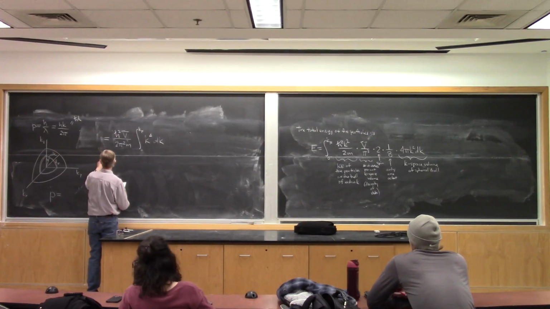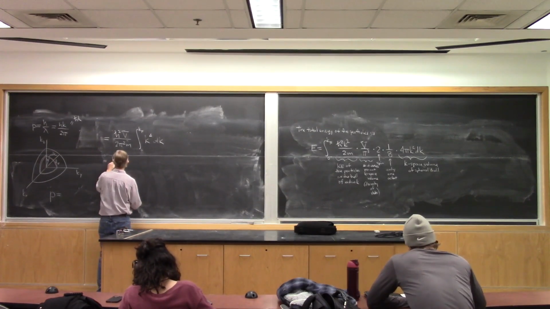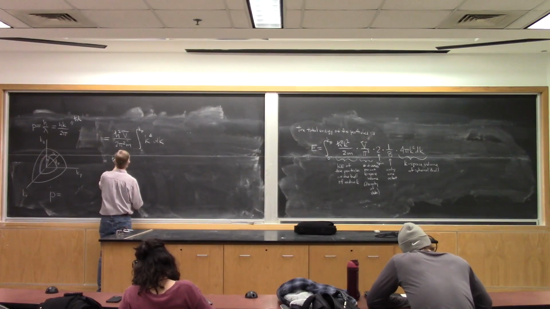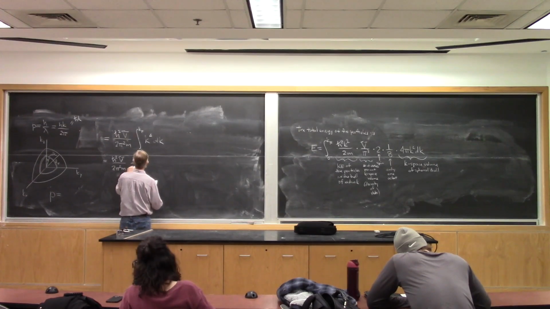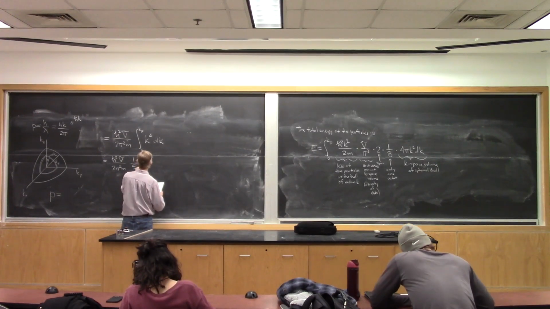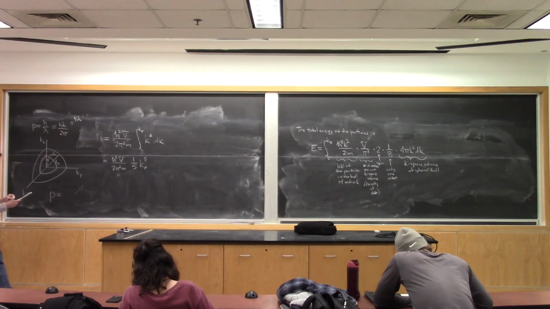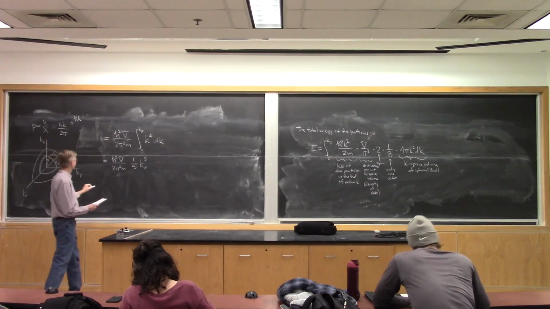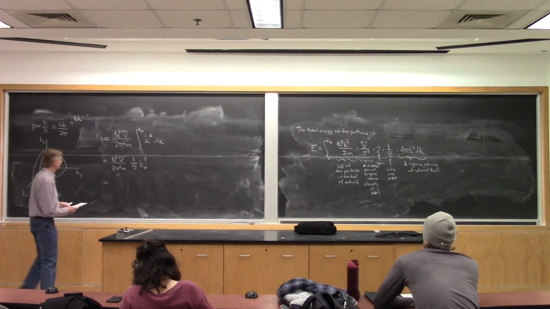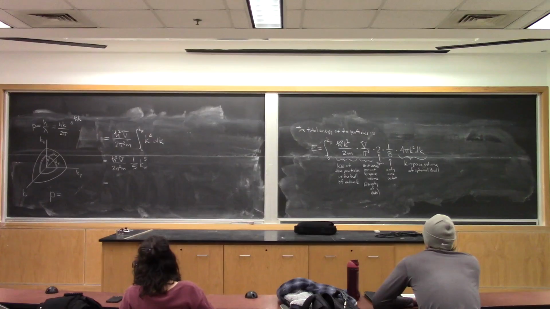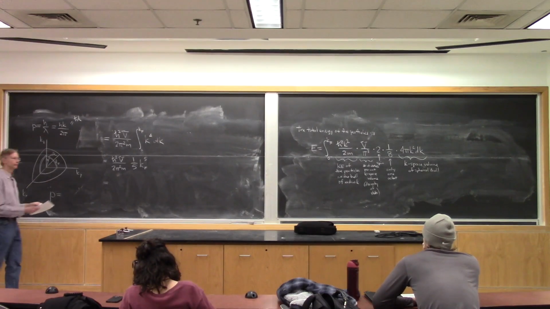So this turns into h bar squared volume divided by 2 pi squared m times 1/5 k Fermi to the 5th power. I mean, look how nicely this is working out. I want to cry. It's so beautiful.